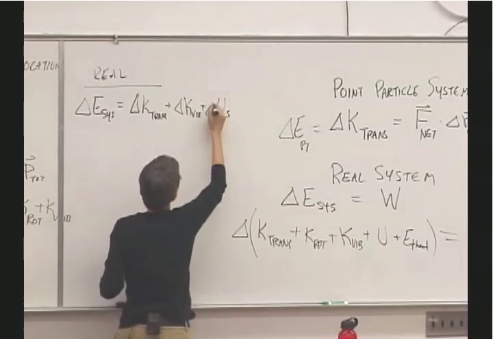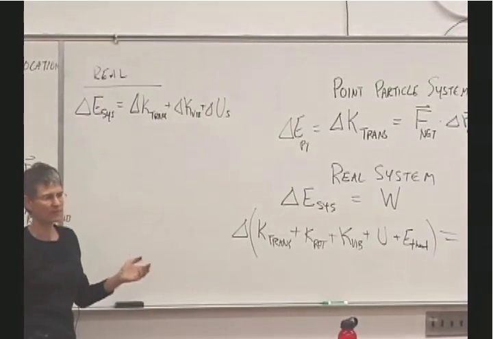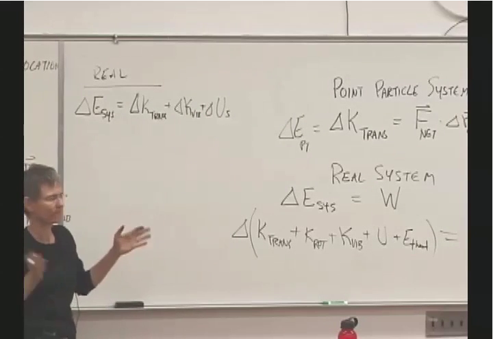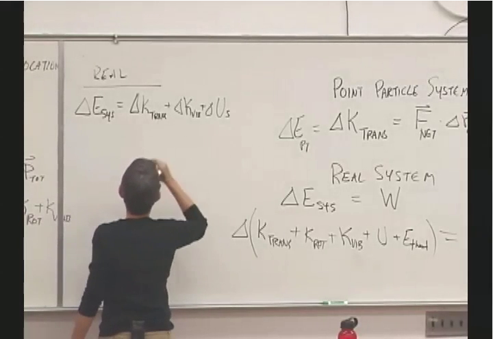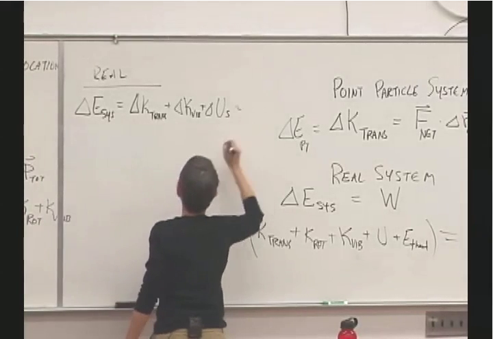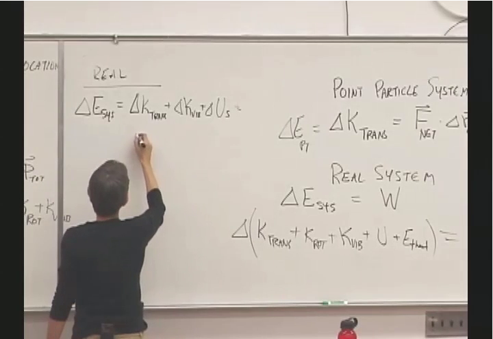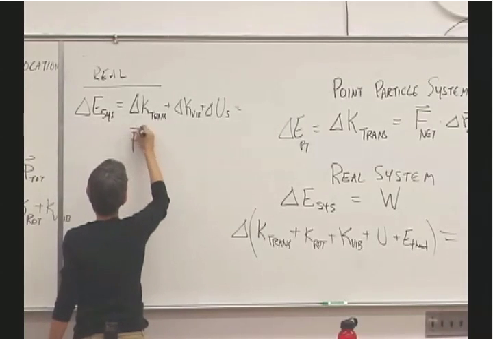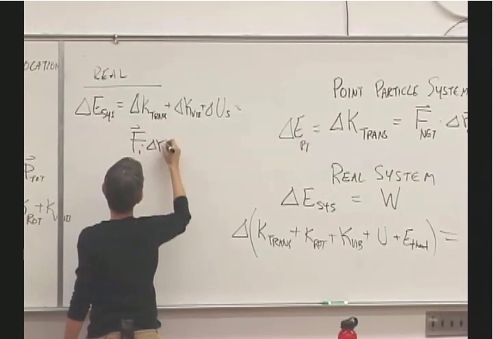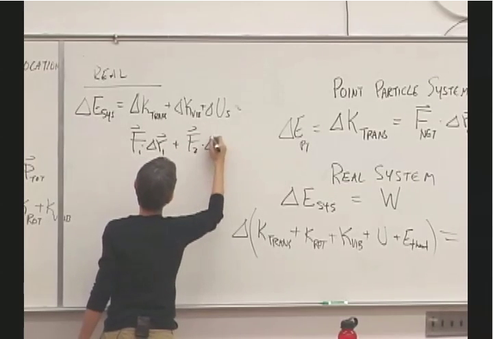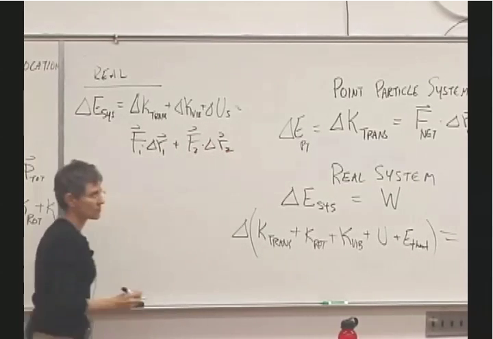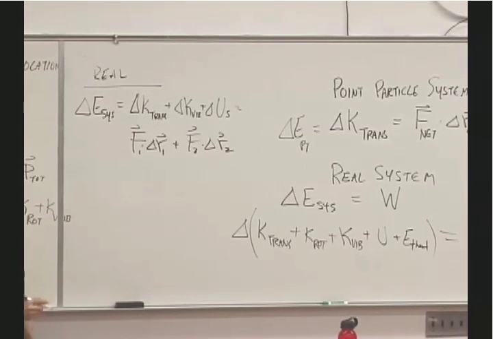That's K. Really, I mean, we could write down other terms, but they're mostly not important. And we know that, and that should equal F1 dot delta R1 plus F2 dot delta R2. And that's not 0.